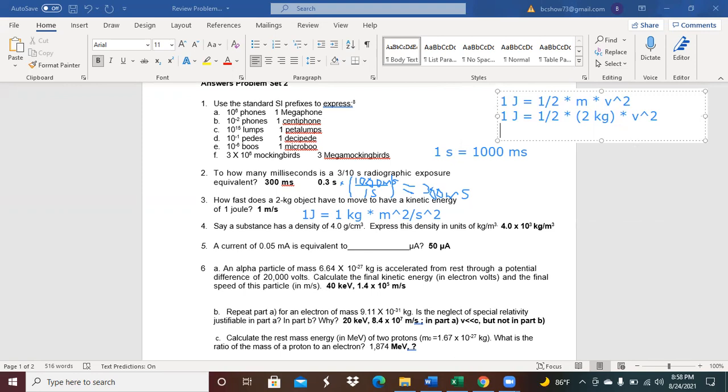So when I go through and I do the multiplication here, I get 1 joule is equal to, now the 1/2 multiplied by the 2, those two items end up becoming 1. I'm still left with the kilograms over here, times v squared. If I divide both sides by the 1 kilogram that's there, then the kilograms disappear on both sides, but I'll go ahead and show that.